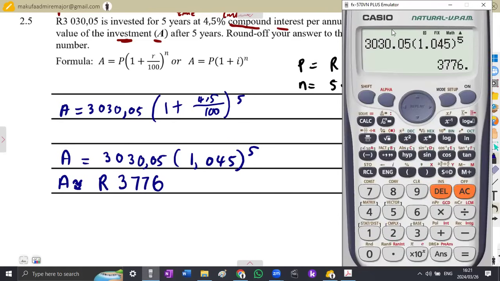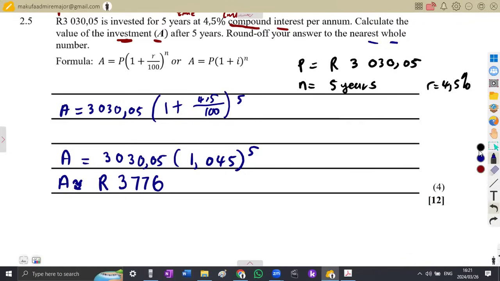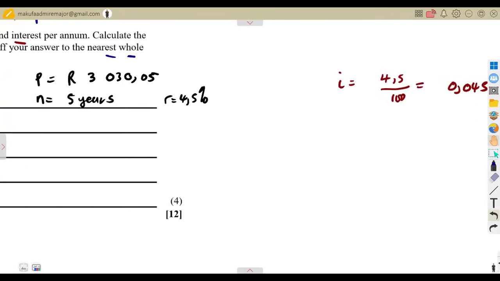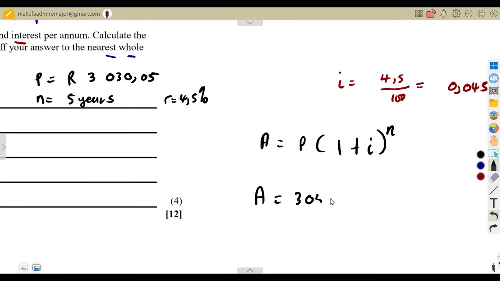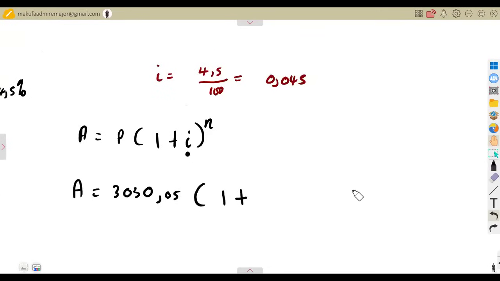Okay, so this is what you were supposed to do. With the same calculations, you are going to do that when using the other formula, where you are given that the amount can be given as the principal into 1 plus I to the exponent of N. It's one and the same thing, only that you are writing that as a decimal. Every part is going to remain as it is, only this I here, which is your interest rate, you just have to write as a decimal fraction.